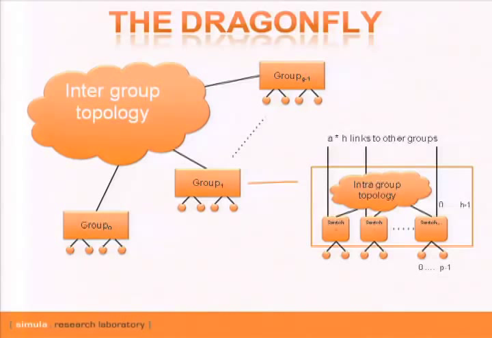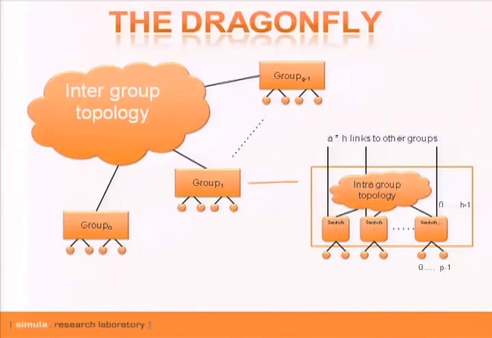The global links, or the long links, will be fiber-based, and the local links will be electrical. So the important issue here is, of course, to fully utilize the costly, fiber-based links. Since non-minimal adaptive routing will be used between the groups, most of the traffic between the groups will cross two links.